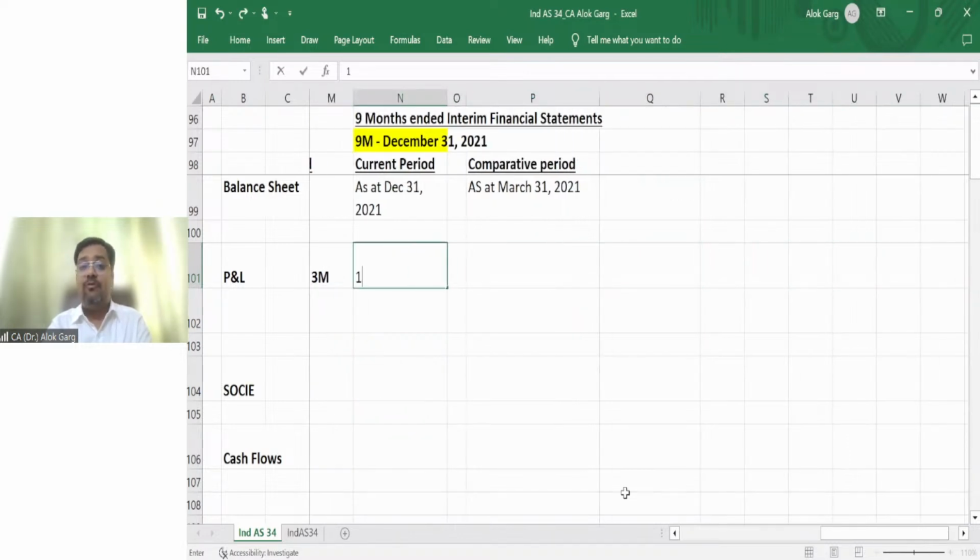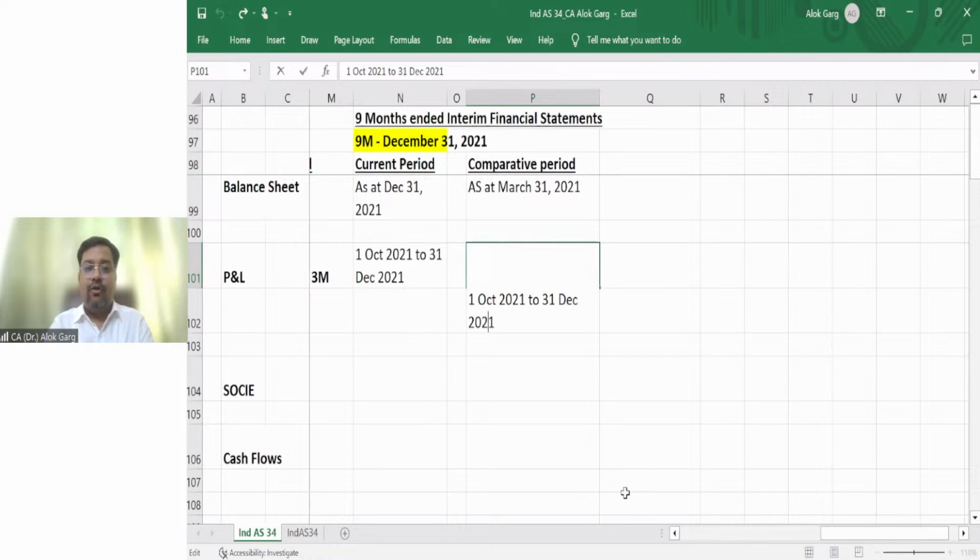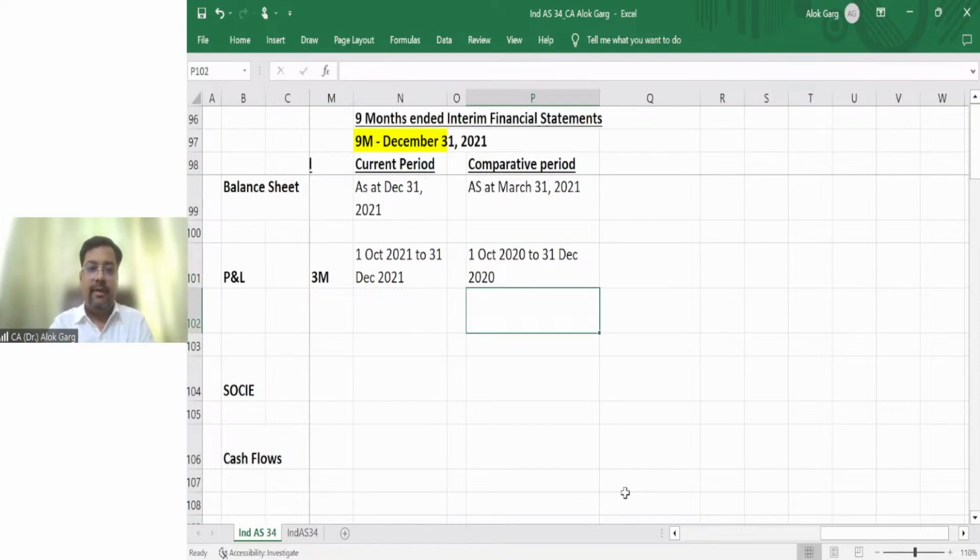And current quarter means the quarter starting from 1st October 2021 to 31st December 2021. What is the comparative quarter? 1st October 2020 to 31st December 2020, right?